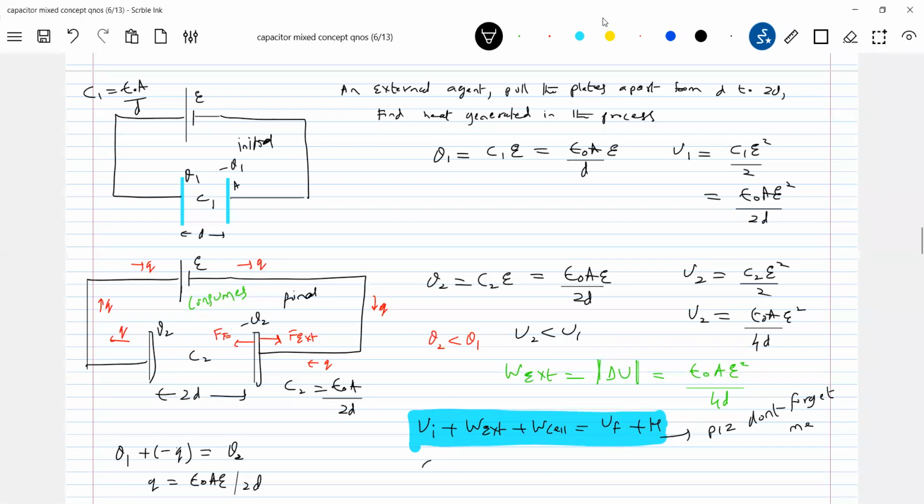This will be epsilon naught A E square by 2d, work done by the external agent. It does positive work. Work done by the cell: the cell does negative work, Q into E. Final energy of the capacitor, epsilon naught A E square by 4d.